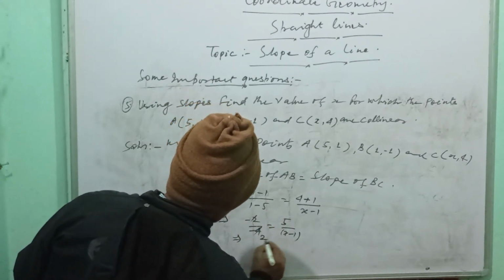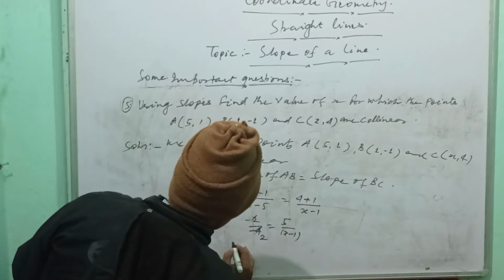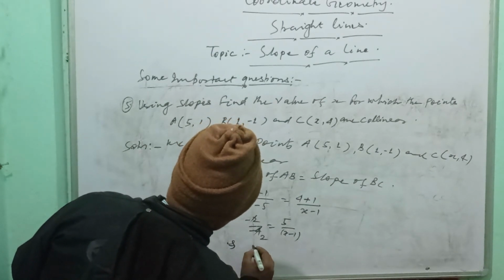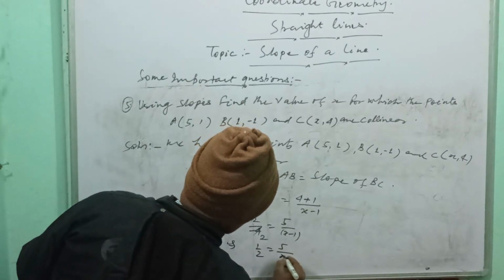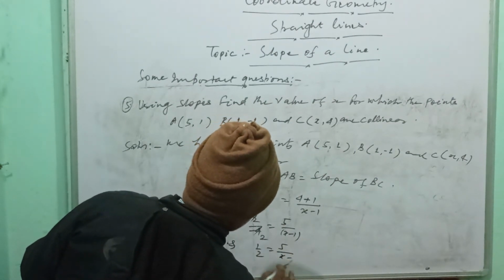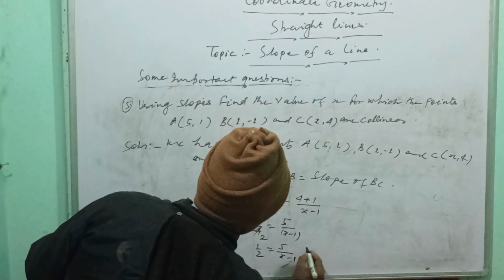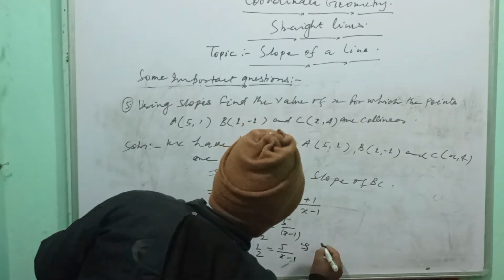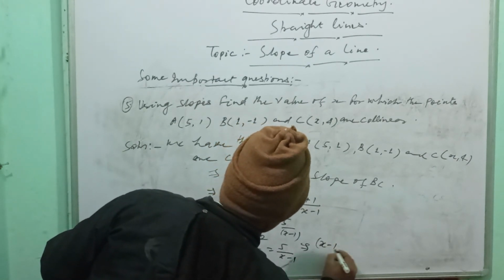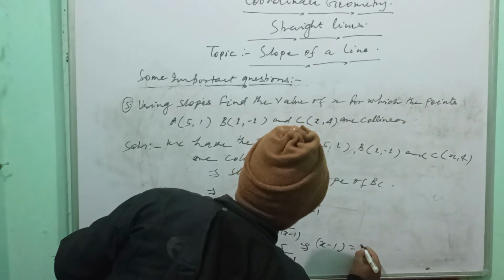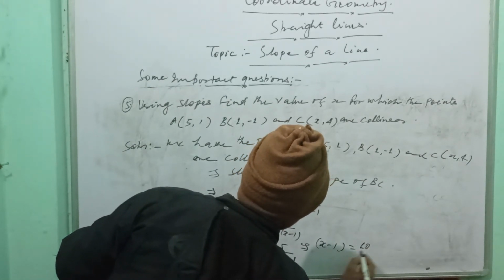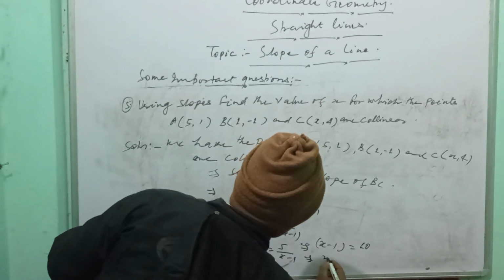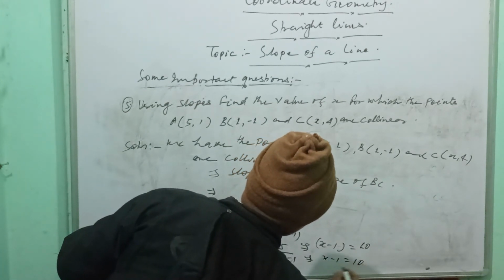After simplifying, we have 1 by 2 is equal to 5 by x minus 1. This implies x minus 1 is equal to 10.